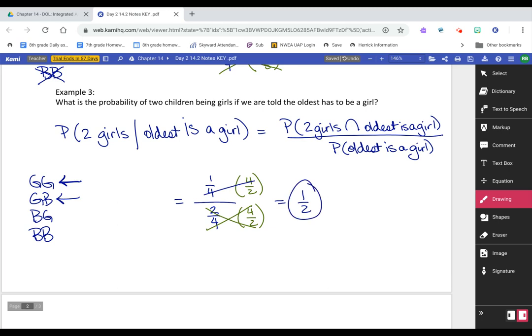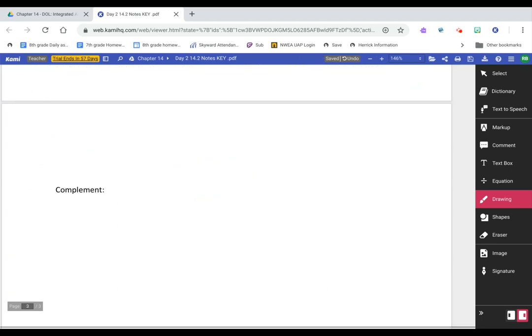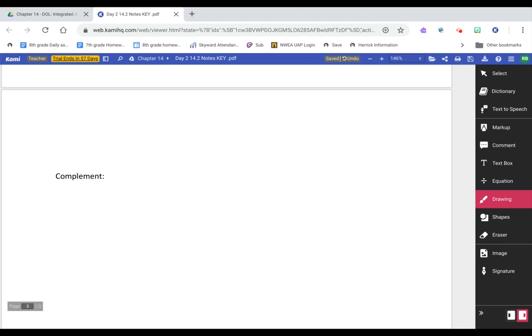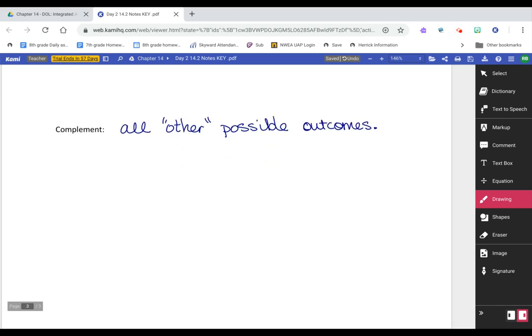Okay, the last thing I want to mention about this section is a complement. And what is a complement? The definition is all other possible outcomes. So, for example, the complement of heads on a coin is tails.